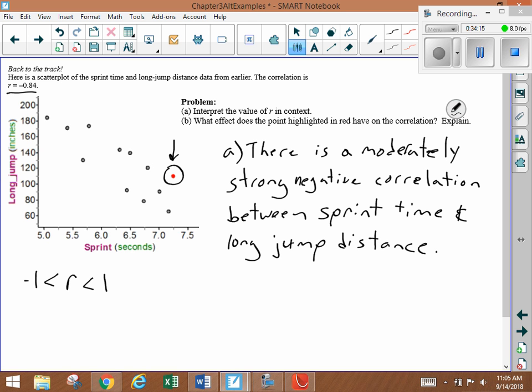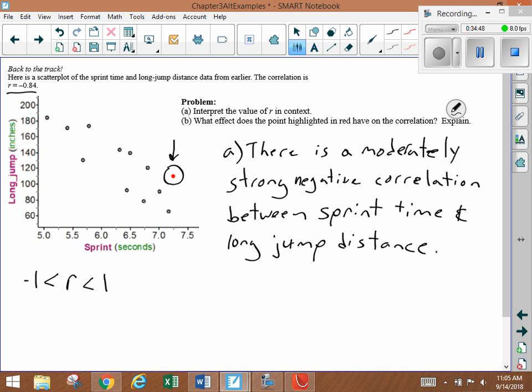An R value of 0 means there's really no correlation between your explanatory and your response variable. An R value of 1 means that there is a perfect correlation between your explanatory and response variable, but it's positive. And -1 means that there's a perfect correlation between your explanatory and response, but that correlation is negative, right?